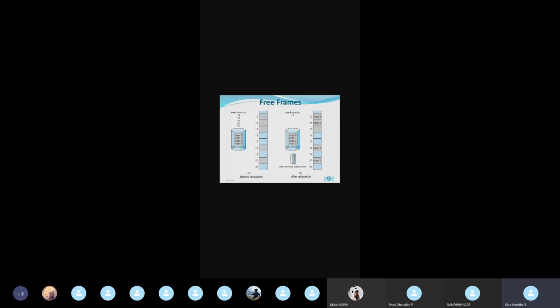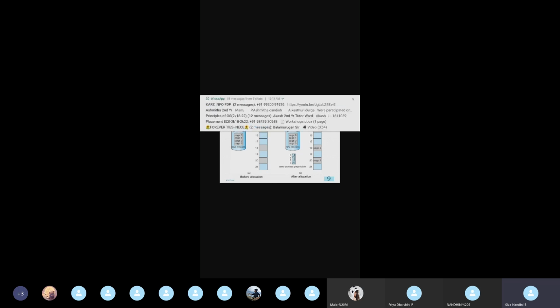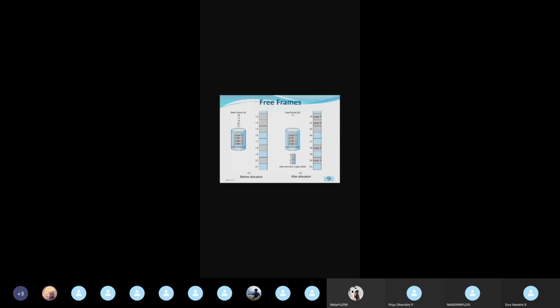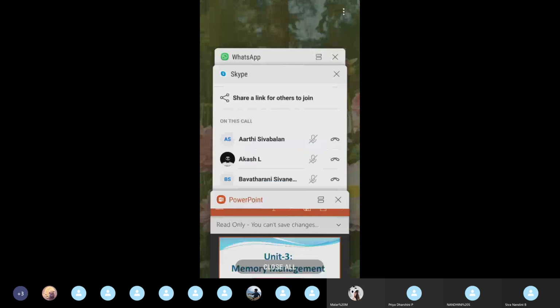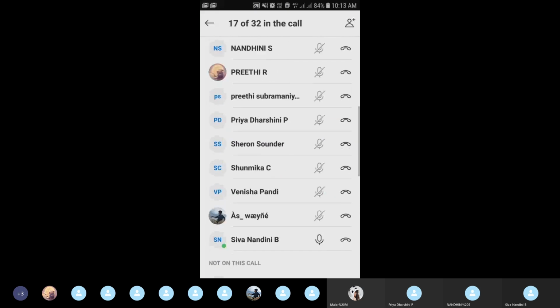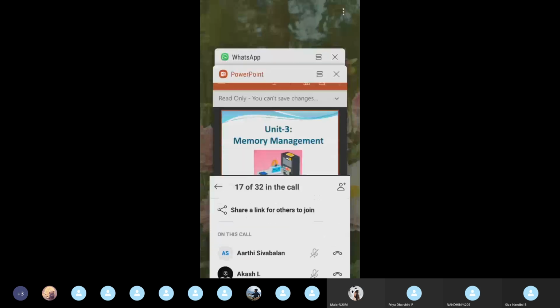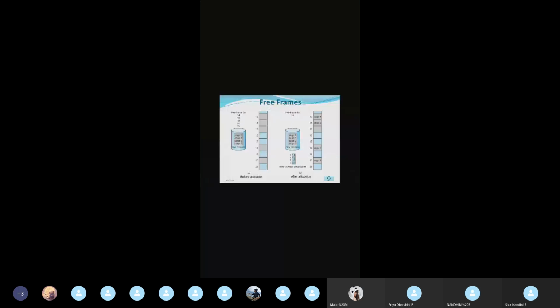So this page 0 will be in the first free frame available in the list. The first free frame available in the list is 14.